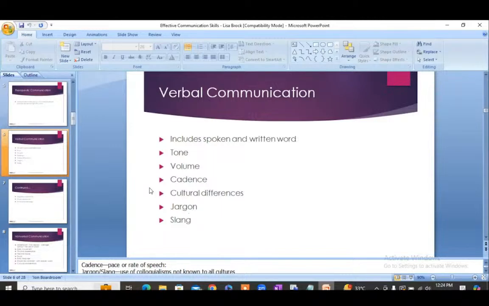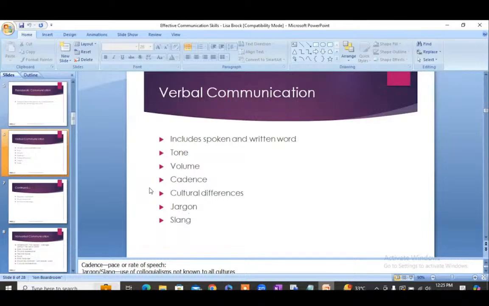I'm going to explain in easy words. Verbal communication is the use of spoken or written words to convey information, thoughts, and feelings. It involves not only the choice of words but also tone, pitch, and clarity. Effective verbal communication requires clear articulation, appropriate language, and active listening to ensure the message is understood as intended.